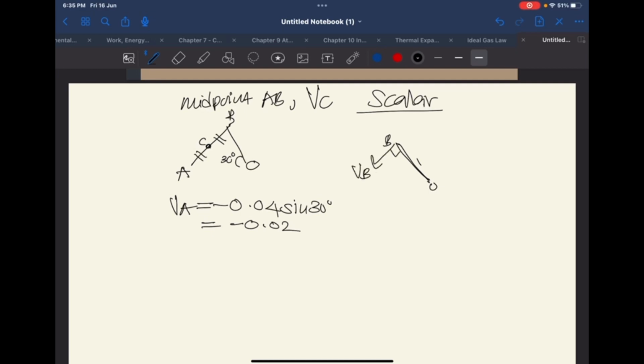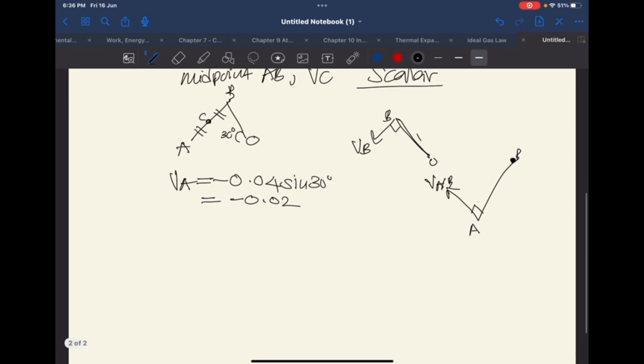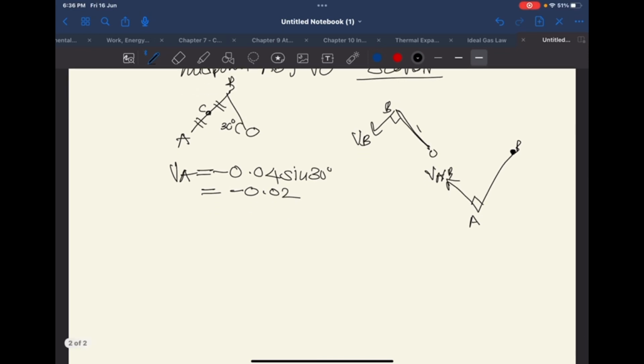So this is VB. Next is the VAB, VBA. VAB is when the B point is fixed, so here also perpendicular. Then we can draw it to solve for VB.